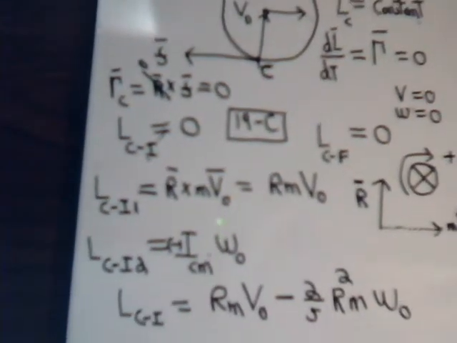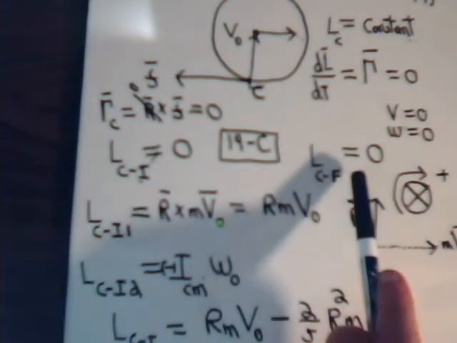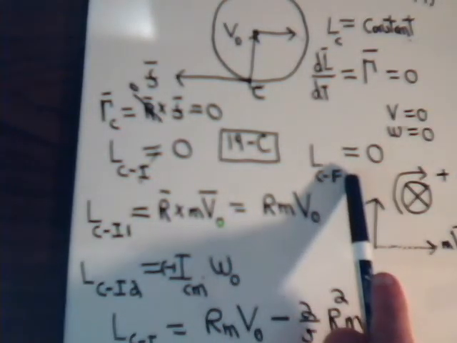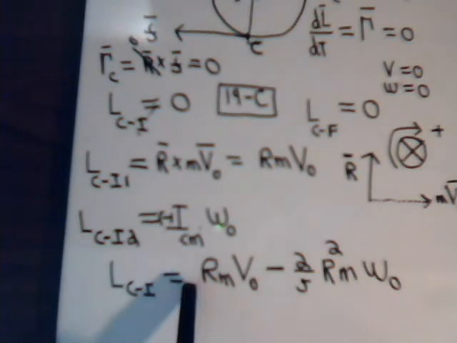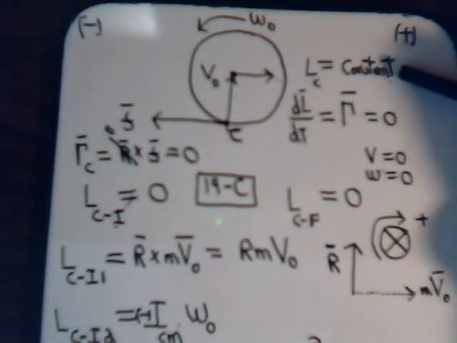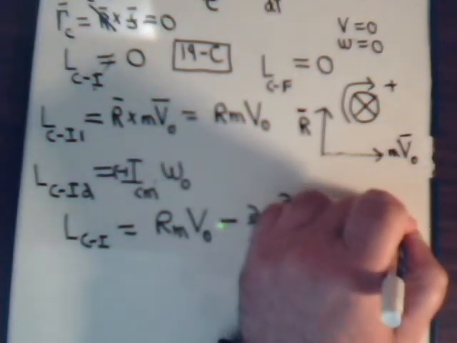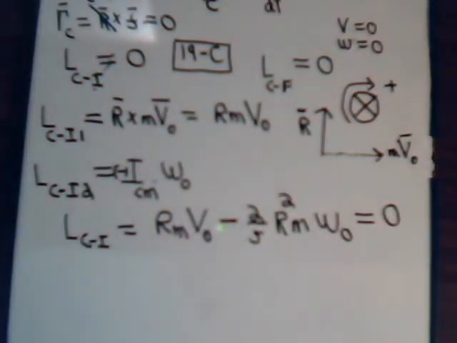Now, when the ball comes to a complete stop, V and omega are 0, its angular momentum is 0. But that means then, at that point, if the angular momentum is 0, right here it must also be 0, because the angular momentum about point C is conserved, it's always a constant. So this must equal 0.